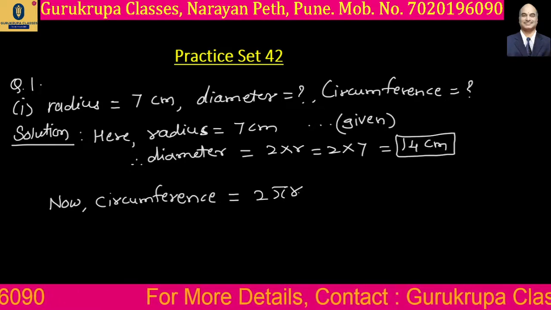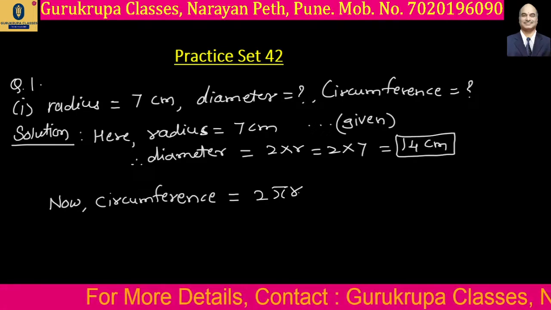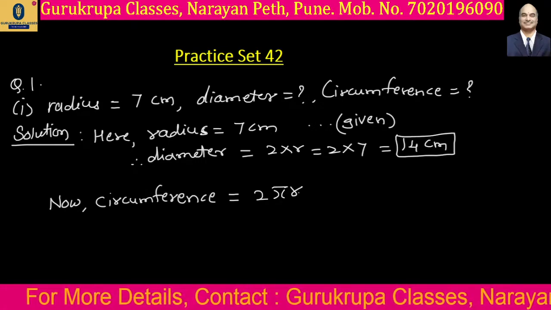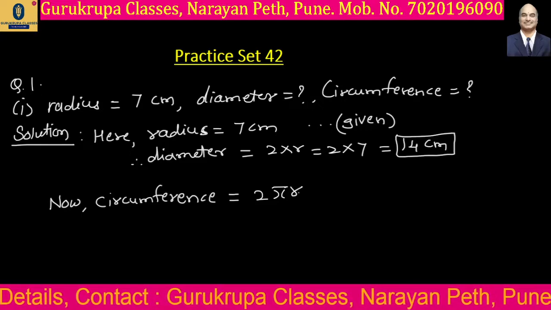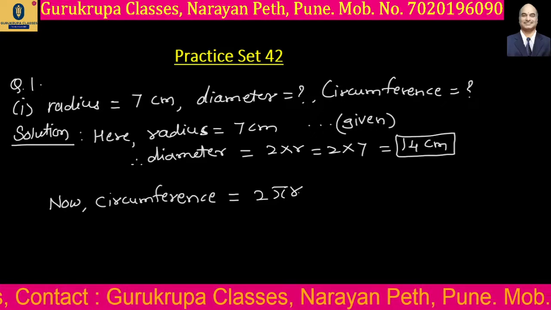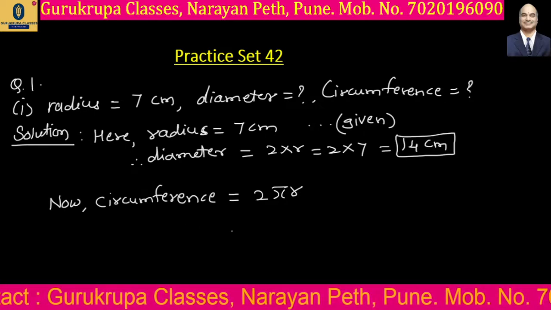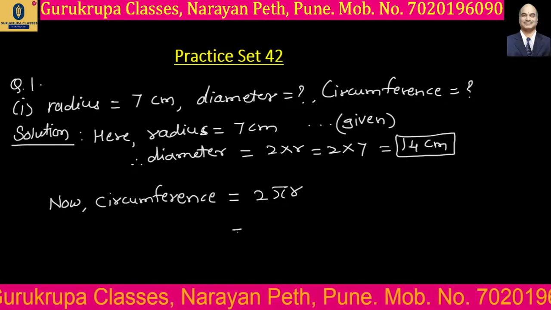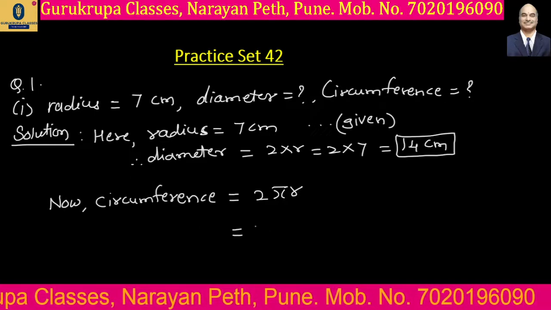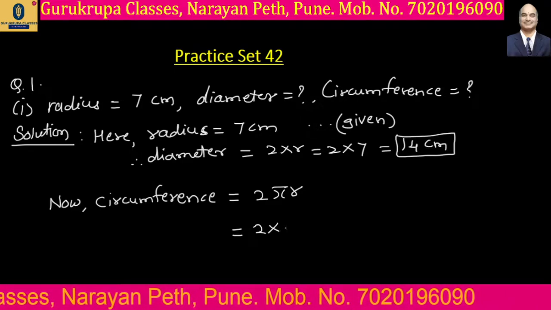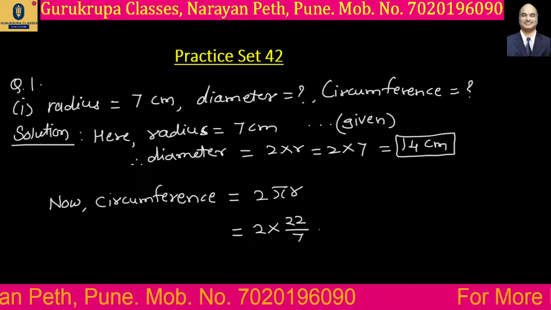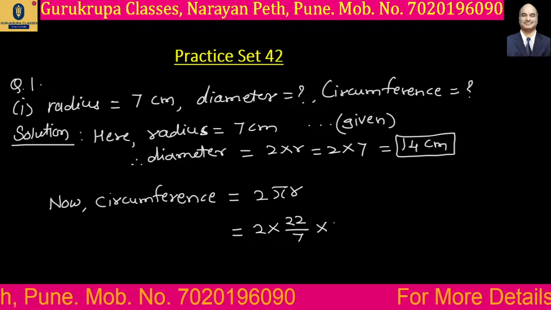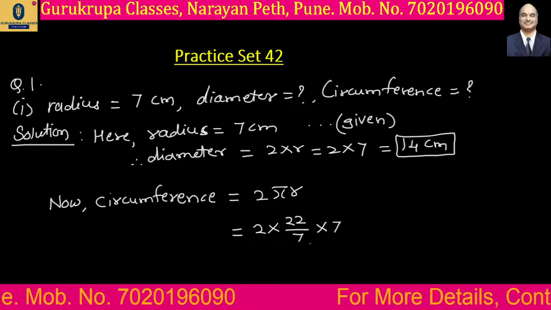Both the formulas now we can use because we have diameter also. So pi d is also the formula for the circumference, and 2 pi r is also used because r is known to you. 2 into 22 upon 7 into radius is also 7.